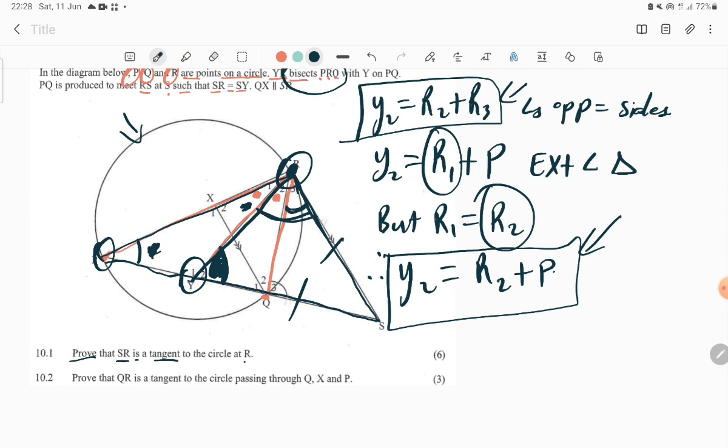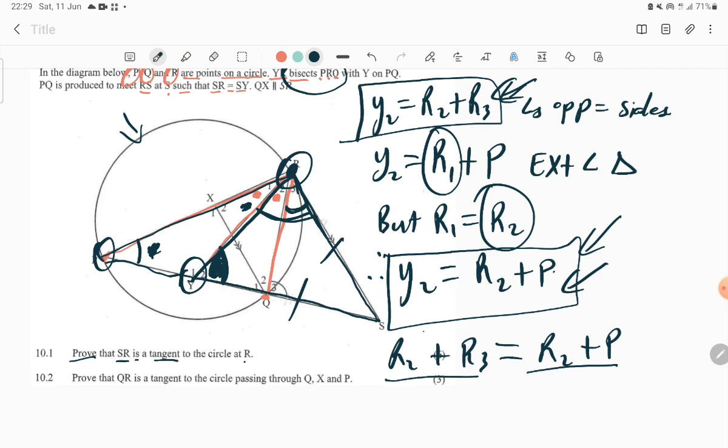So R2 plus R3 is equal to R2 plus P. If this side is equal to this side and R2 is equal to R2, then R3 must be equal to P.